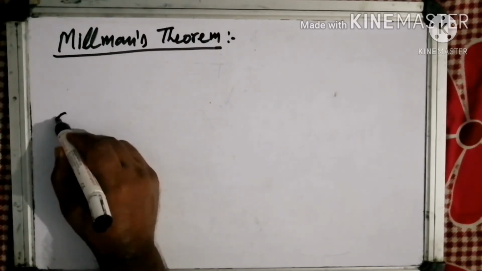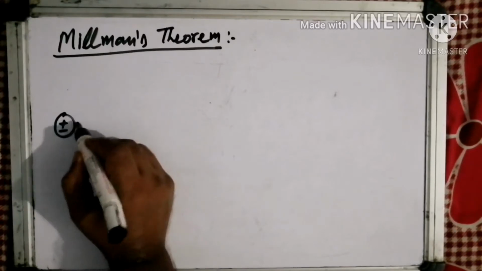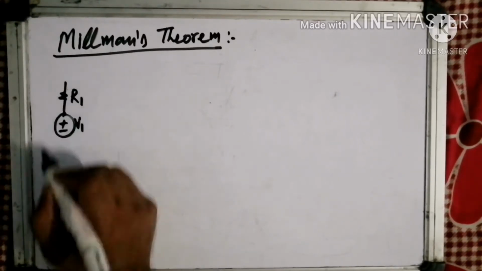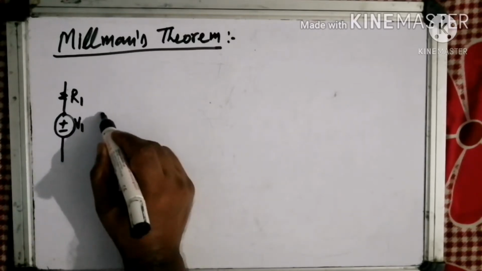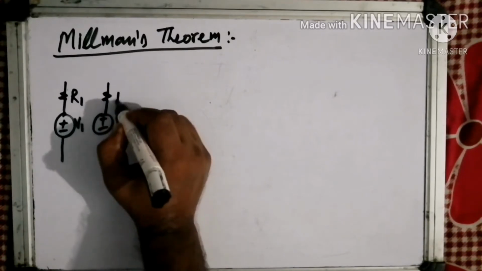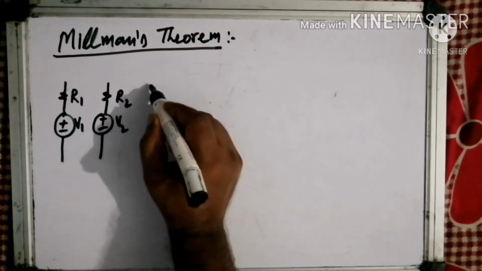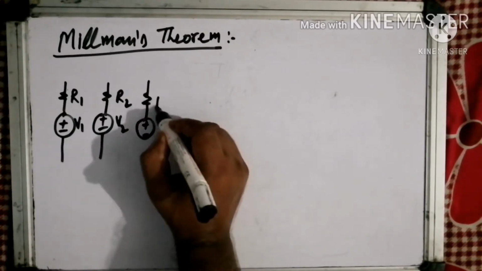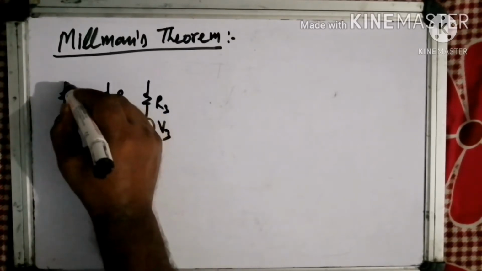See, this one is the voltage source B1 having internal resistance R1. Right? This one is B2, internal resistance R2. This one is B3 with internal resistance R3 and so on.